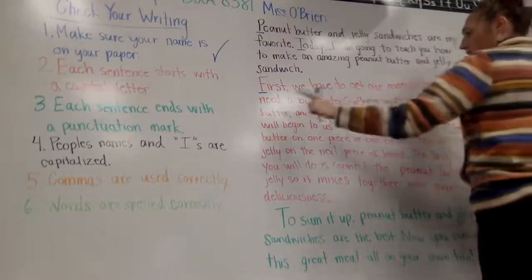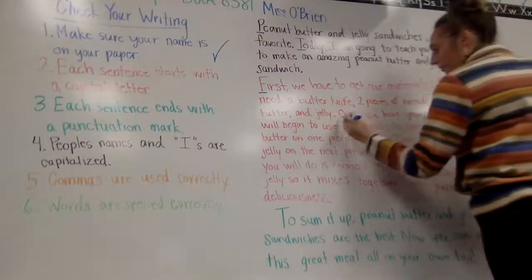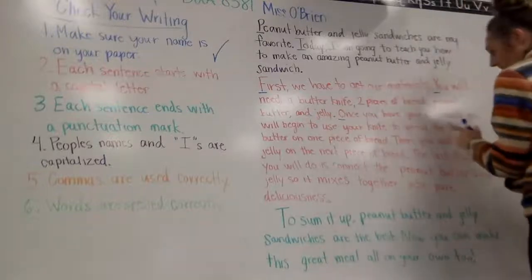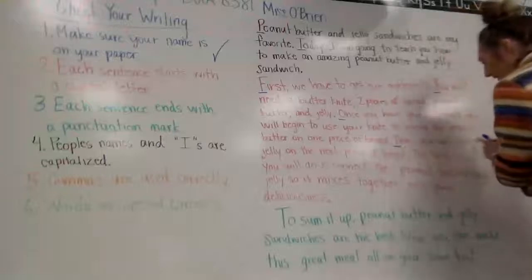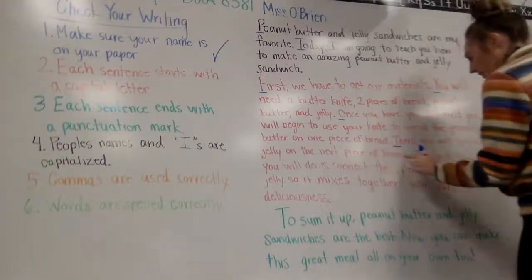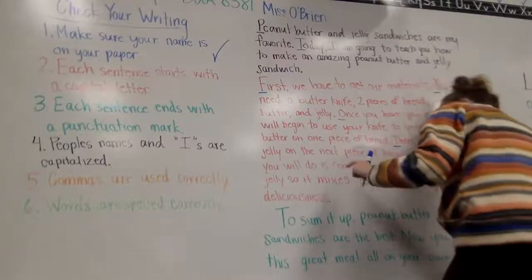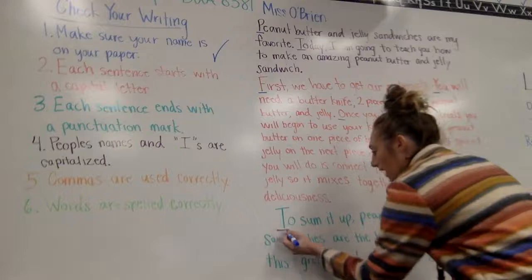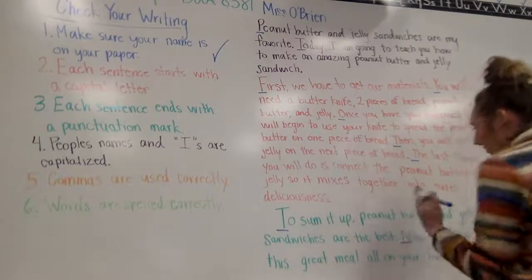Capitalized. Go to the next one. Capitalized. Next one. Capitalized. Next one. Capitalized. And then you just got to keep on going the whole way and make sure you have them. For every single sentence, you have to start with the capital letter.